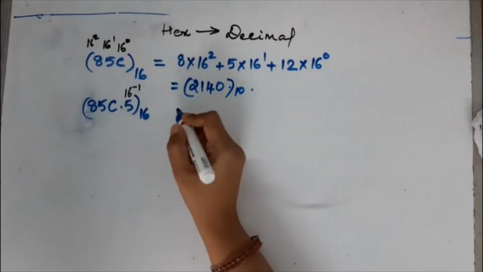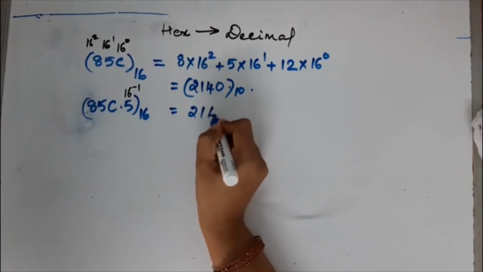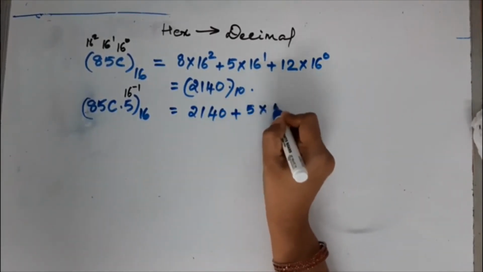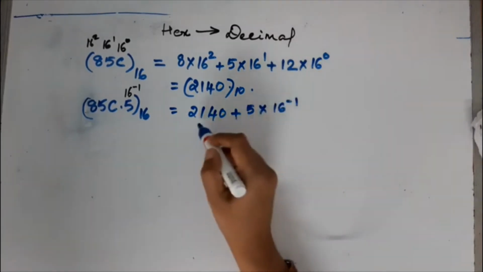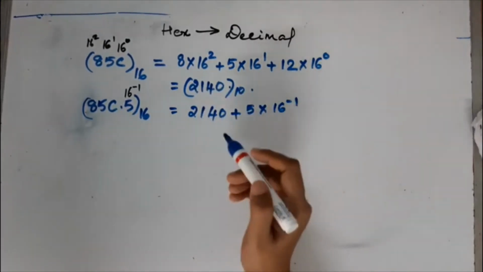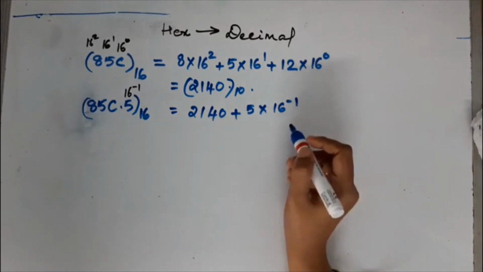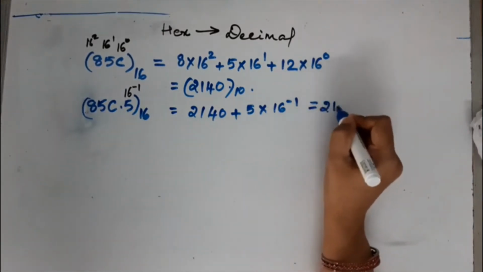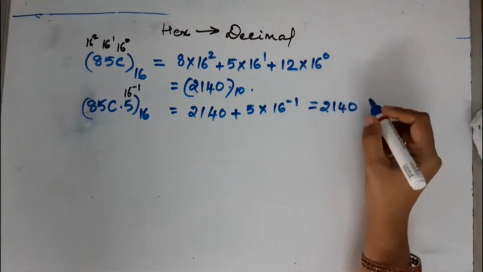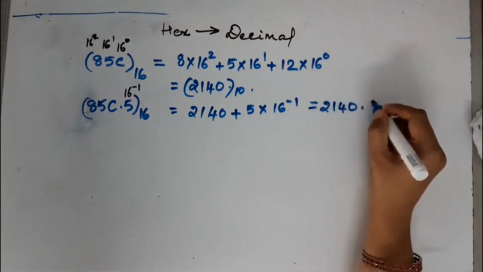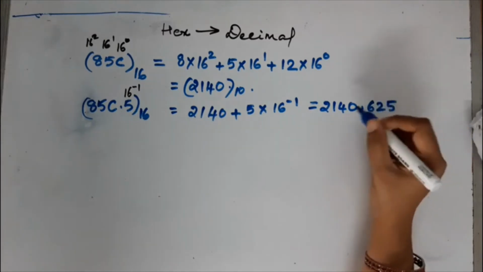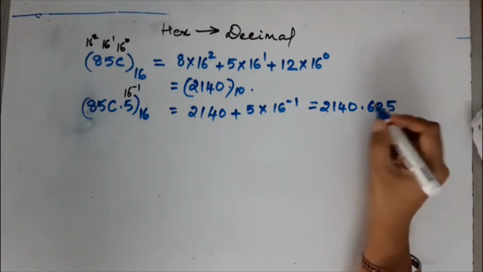So the answer will be 2140 plus 5 into 16 raised to minus 1. That is this total plus 5 into 16 raised to minus 1. So that will be 2140.625. 5 by 16 is 0.625.